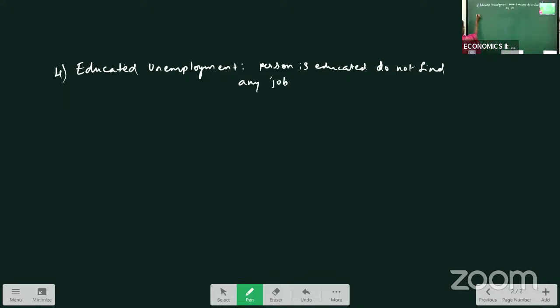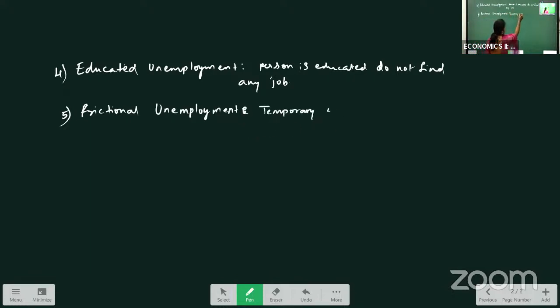Then the next unemployment we have is frictional unemployment. Frictional unemployment means what? It is a temporary unemployment. It will not happen for a long period.